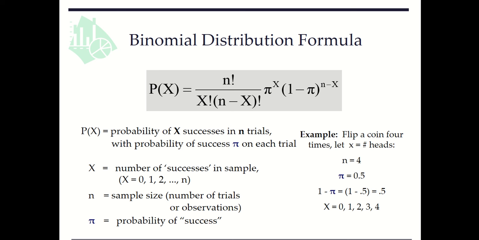For example, if we flip a coin 4 times, let x be the number of heads. Then we have n equals 4, pi equals 0.5, assuming a fair coin, and 1 minus pi equals 0.5. Capital X can be 0, 1, 2, 3, or 4.